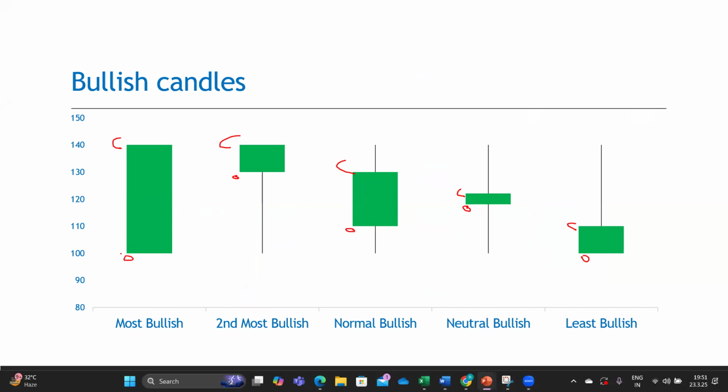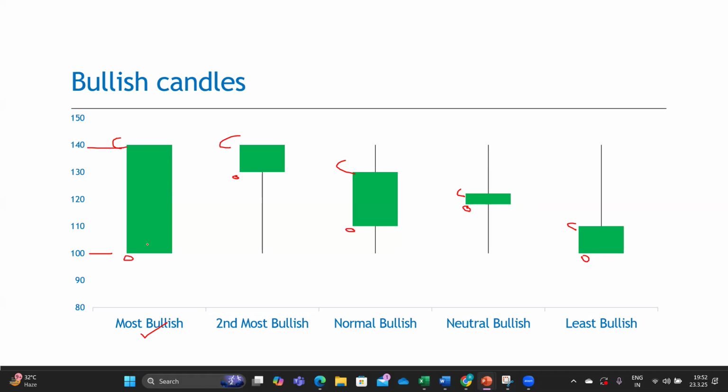So as soon as Reliance opens at 100, it keeps going up, up, up. There is no rest for Reliance on that particular day, and it closes at, let's say, 140. This is the most bullish candle. This kind of candle is also called Marubozu. We will read about that ahead.